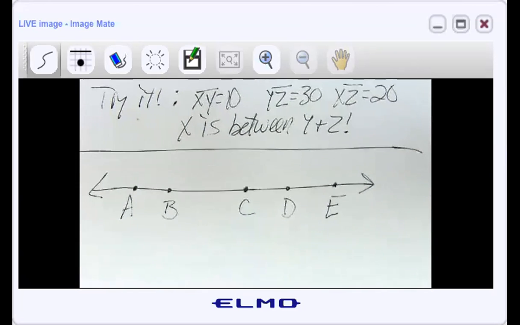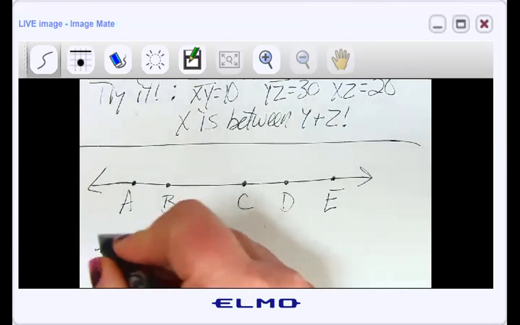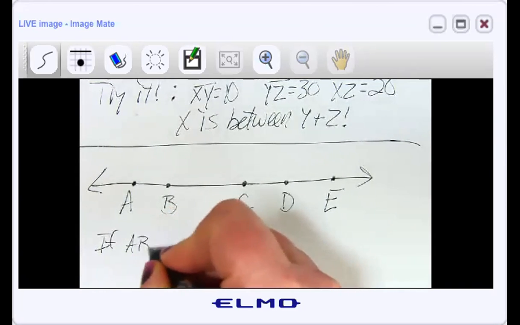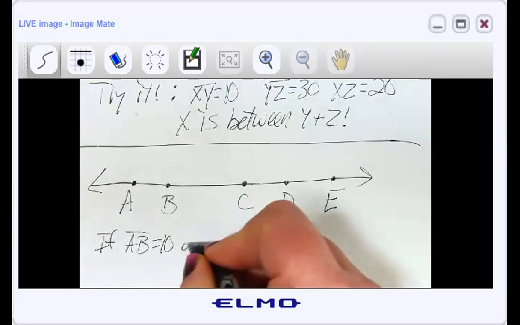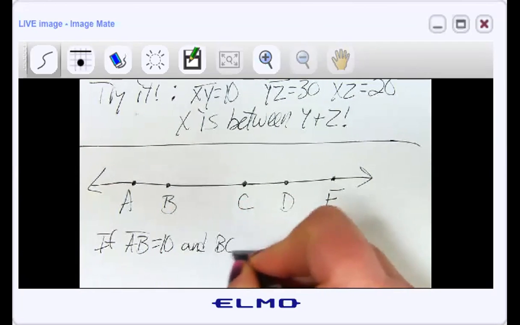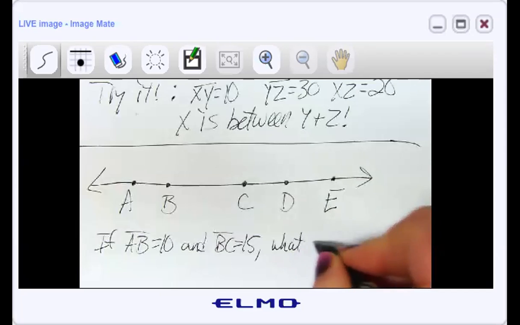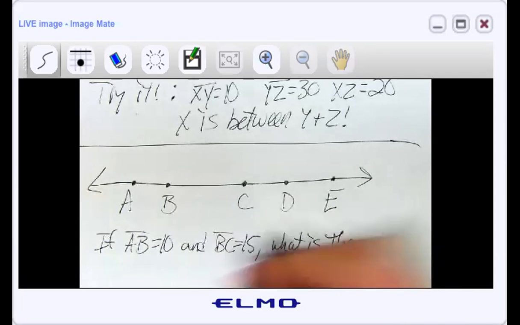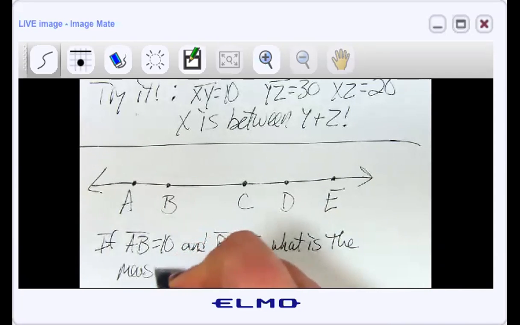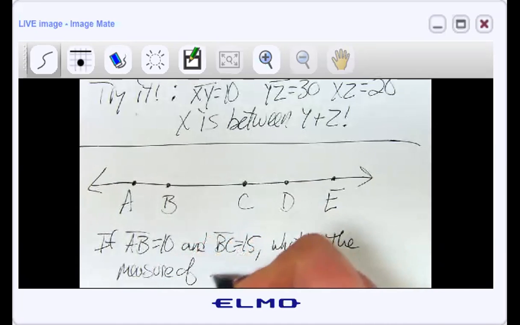All right, let's try this. If AB equals 10 and BC equals 15, what is the measure of AC?